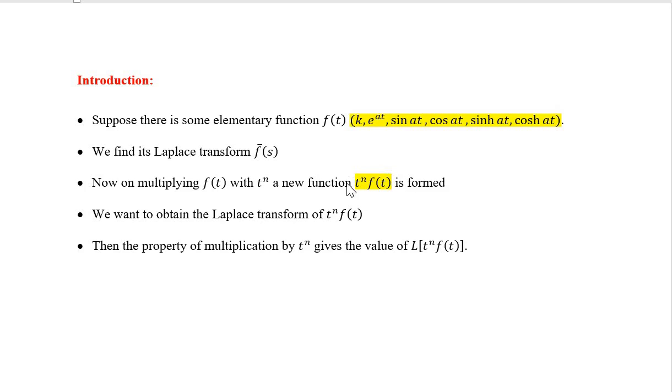and we wish to obtain Laplace of t raised to n into f of t, then the property of multiplication by t raised to n gives the value of this Laplace of t raised to n into f of t.